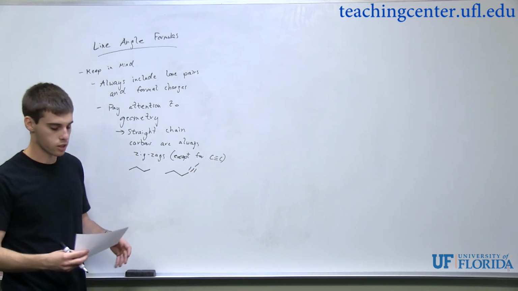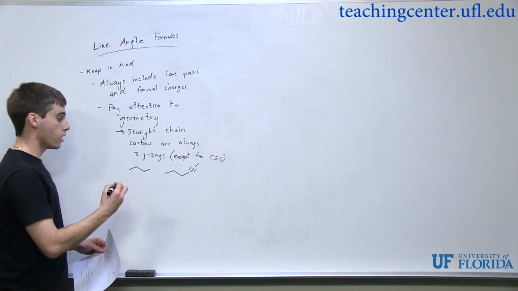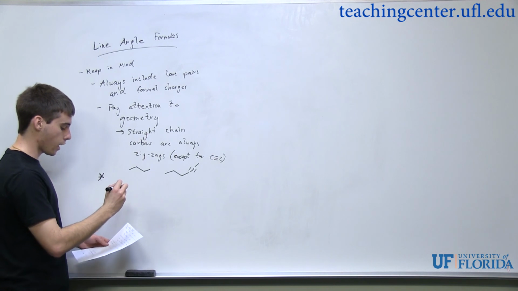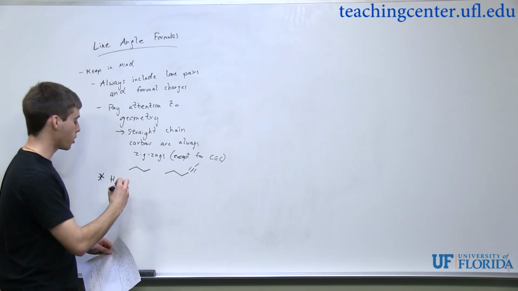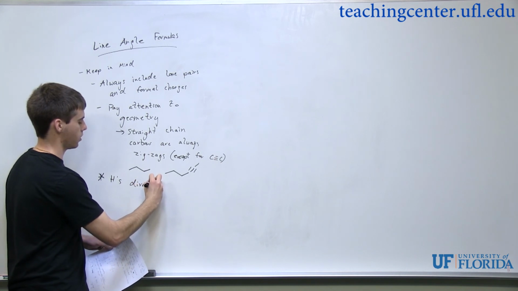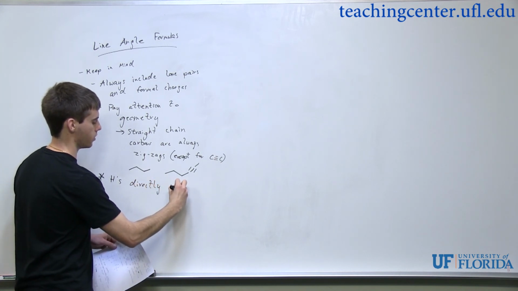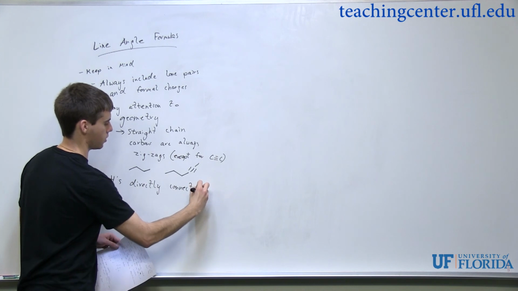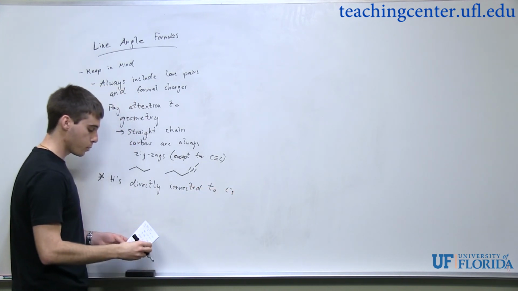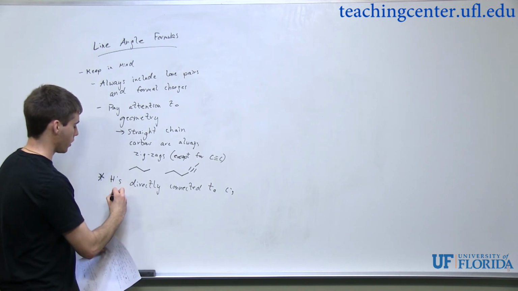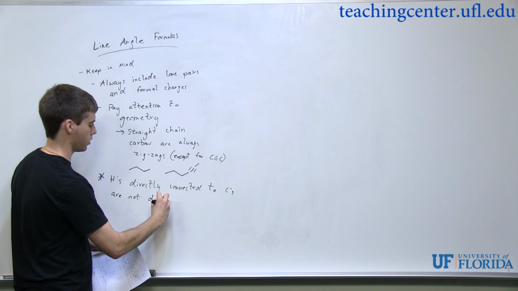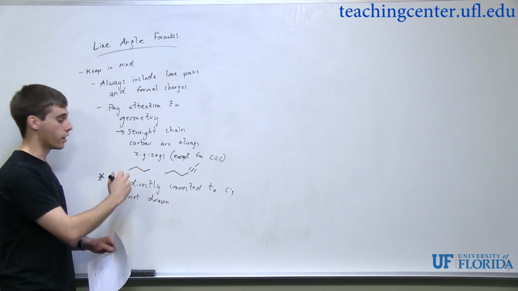That's the same thing with hybridization and that kind of deal. And then another very important point is hydrogen atoms directly connected to carbons. H's directly connected to carbons are not drawn. So you can kind of see that here.